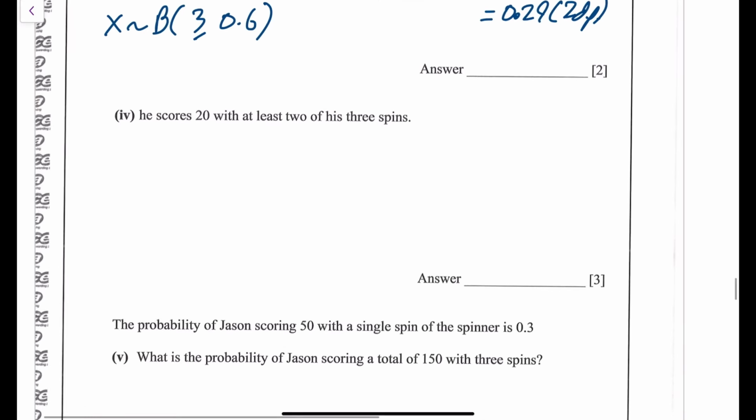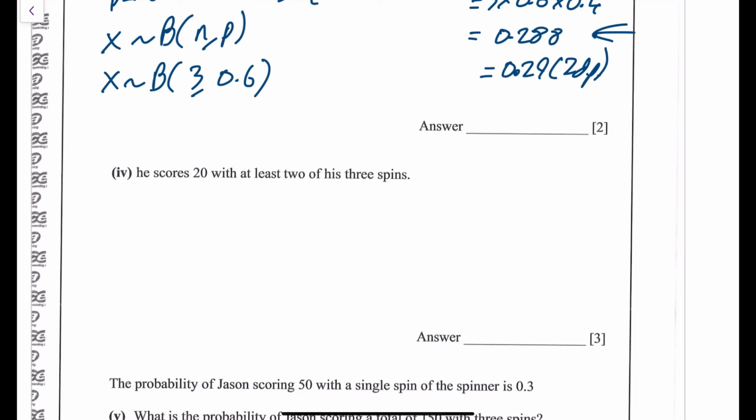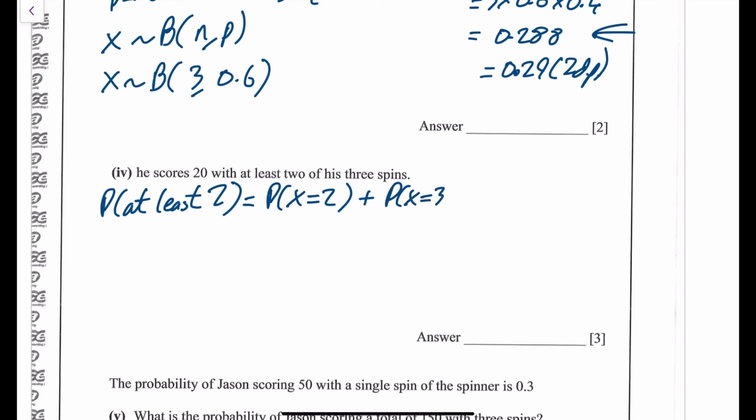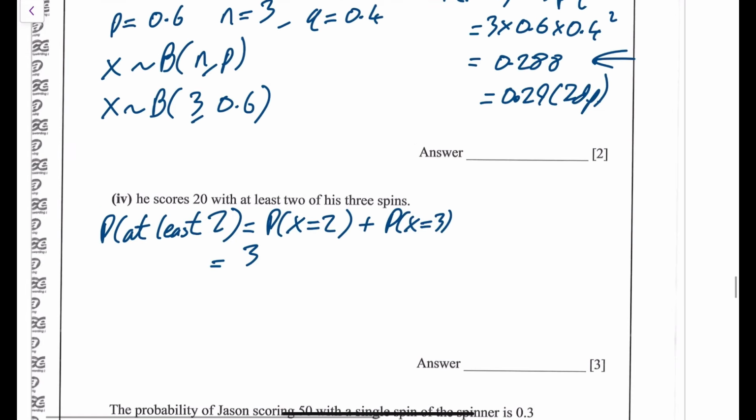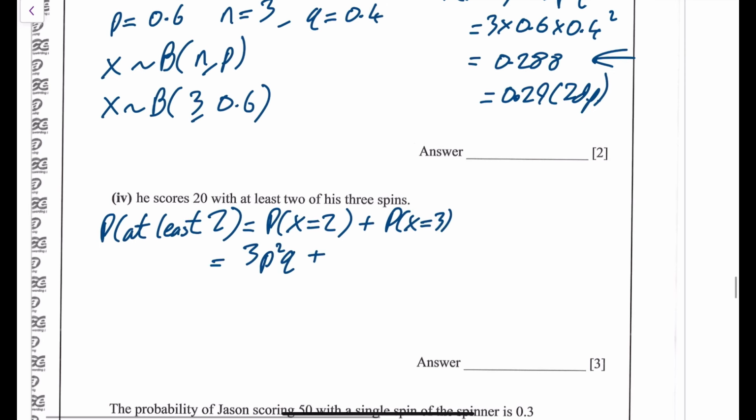Okay, he scores a score of 20 with at least 2 of his 3 attempts. So the probability of at least 2 is what we want. That means I could get 2, or, if you say or you add, I could get 3. So that's going to be 3 p squared q plus then just p to the power of 3.